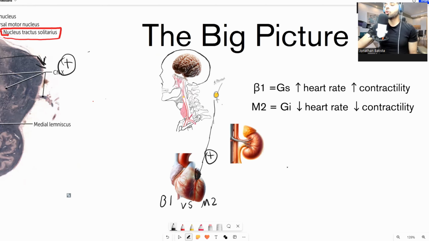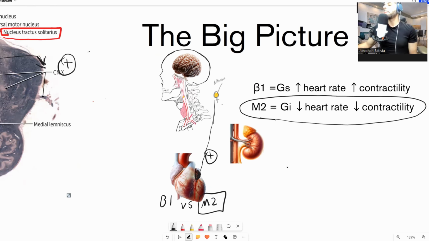So you're sending acetylcholine to M2. So you're going to basically decrease the heart rate and decrease the contractility. And that's what we need at the moment. Why do we need this? Well, because we have too much volume. So now cardiac output will regulate itself, right? We call this reflex bradycardia. Cardiac output, like we said before, and this is the same theme, it won't change.